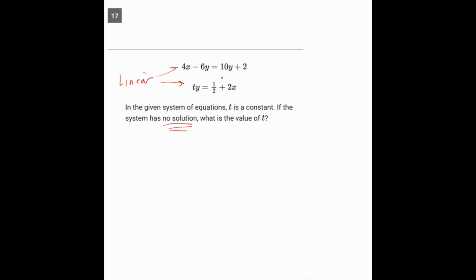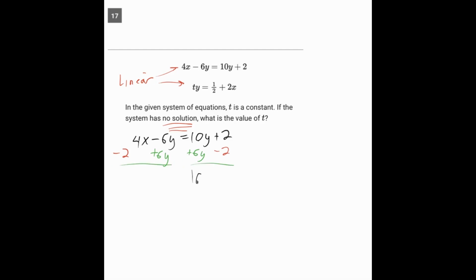Let's get y equals for both equations. On the top one, we have 4x minus 6y equals 10y plus 2. Let's take away 2 from both sides. And let's add 6y to both sides. So -2 plus 6y, plus 6y.